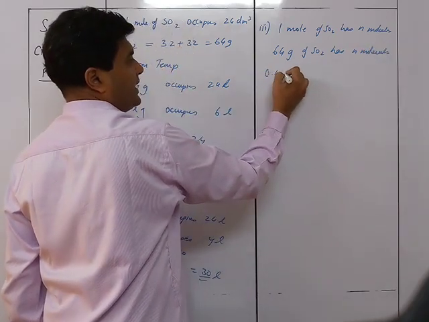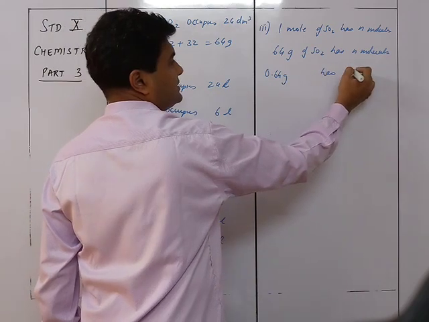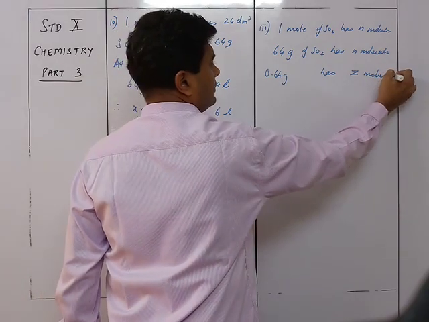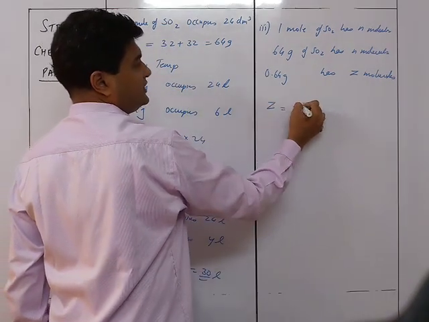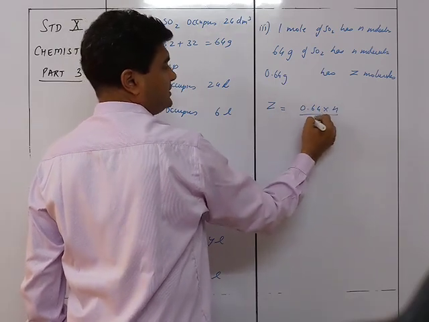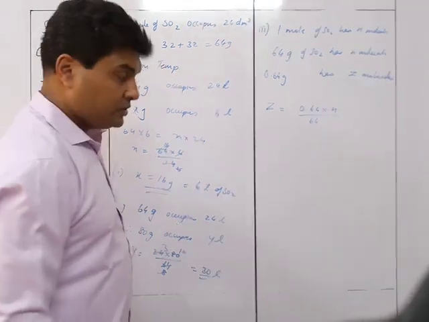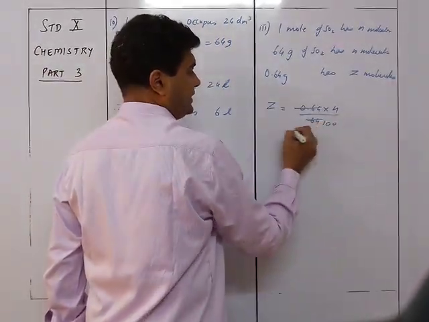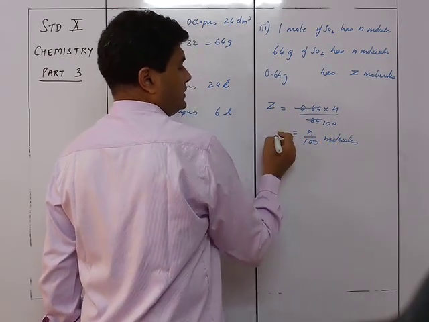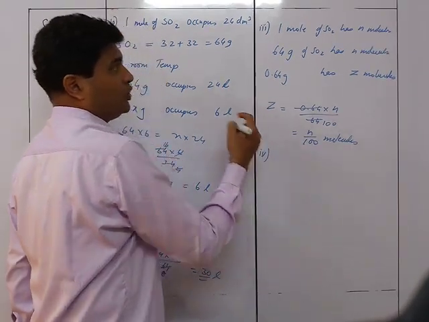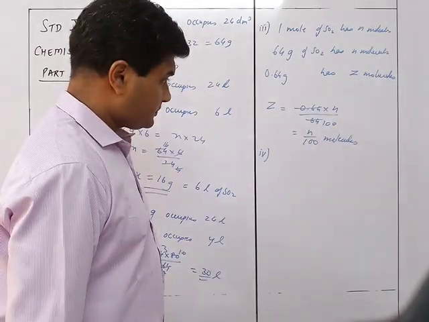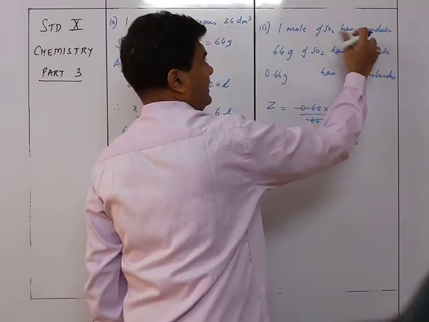So 0.64 grams has Z molecules. Therefore Z is equals to 0.64 into n upon 64. So that will be n upon 100 molecules. So the number of molecules in 0.64 grams of SO2 will be n upon 100 molecules. They have taken the capital N, so I'll take it as n only.